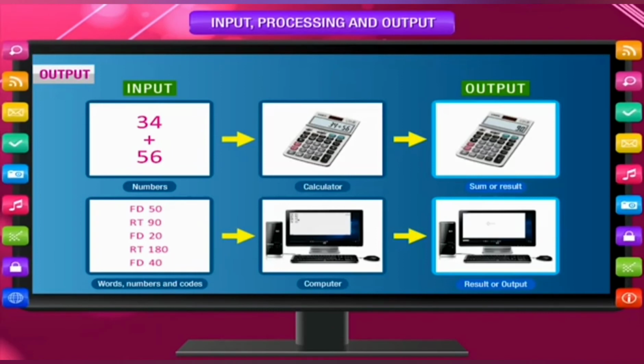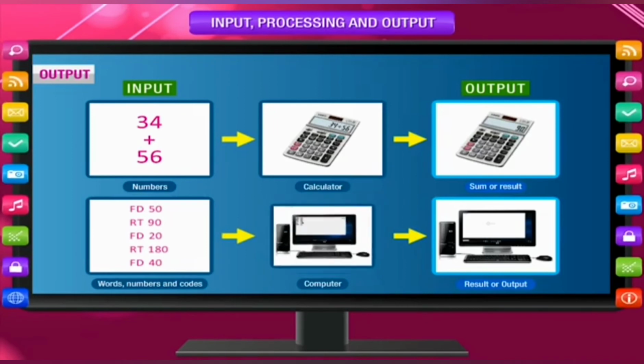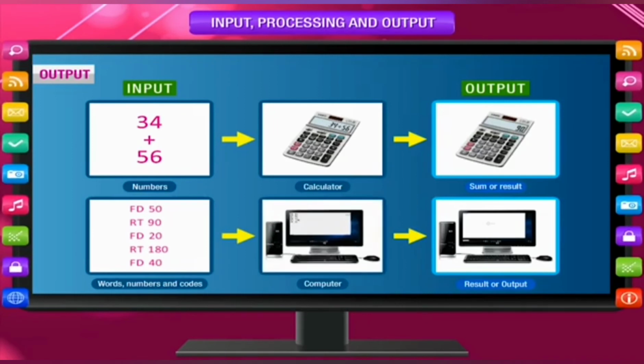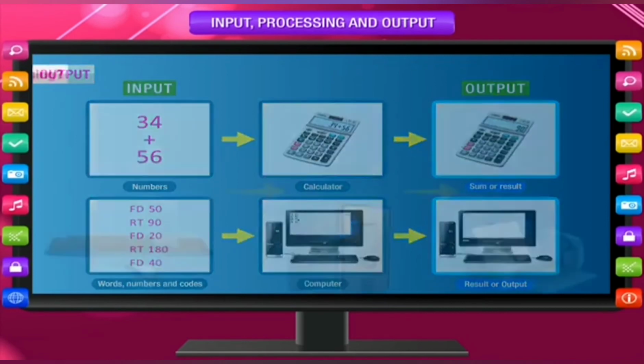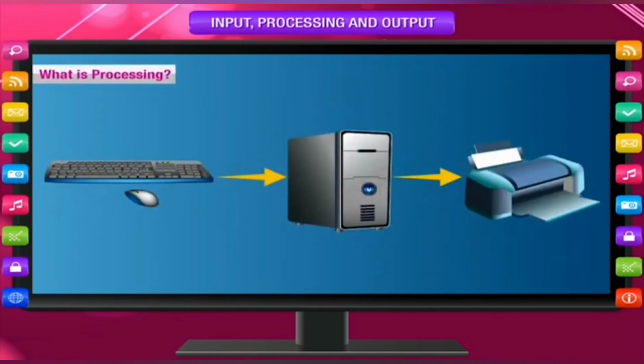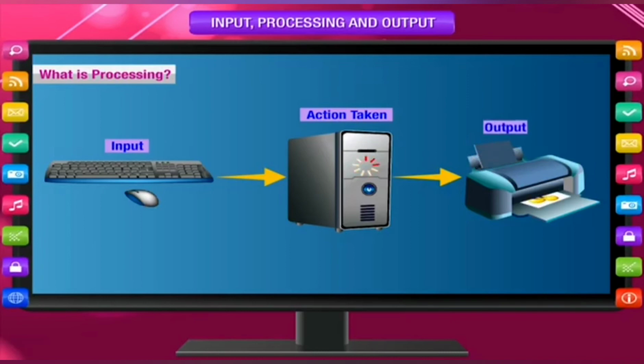Input, words, numbers and codes. Computer. Output, result or output. What is processing? The action taken by a machine to work on input and change it into output is called processing. What is data? The inputs given to the computer are known as data.